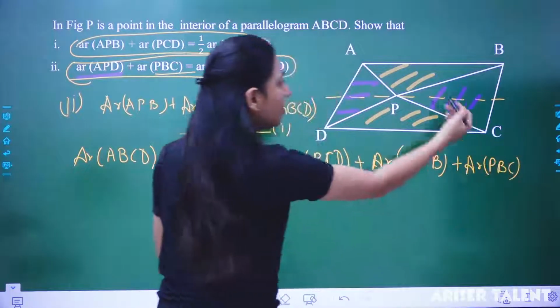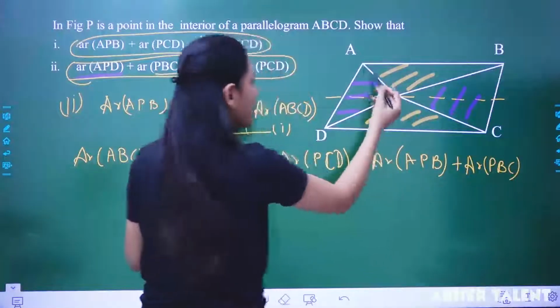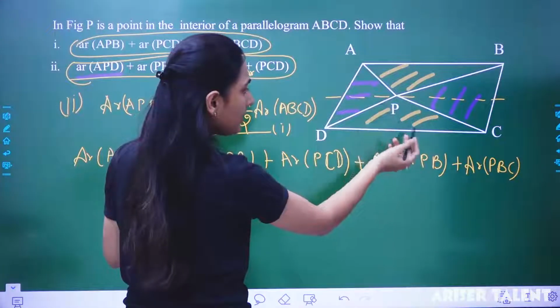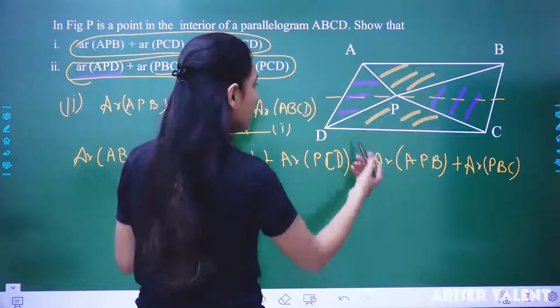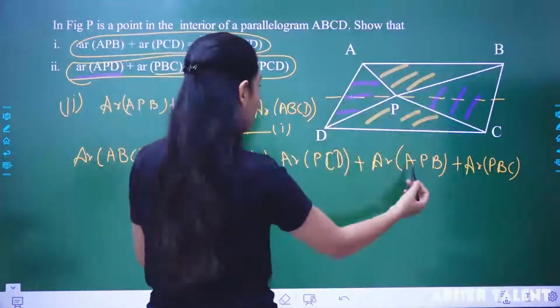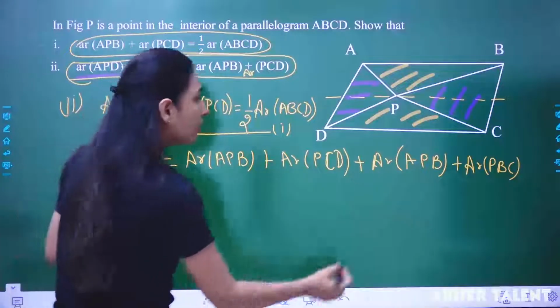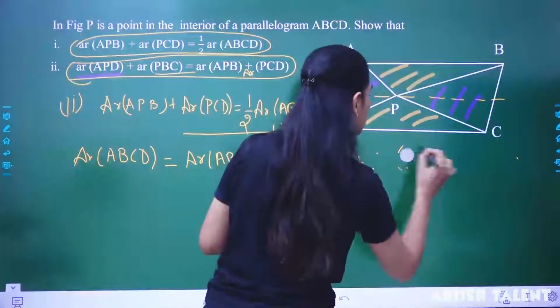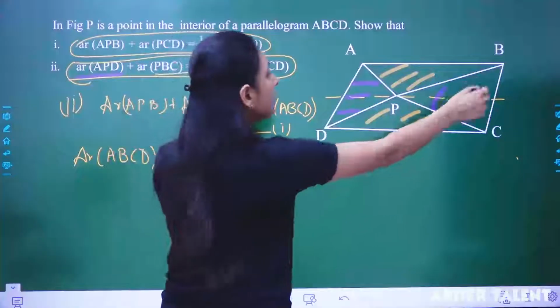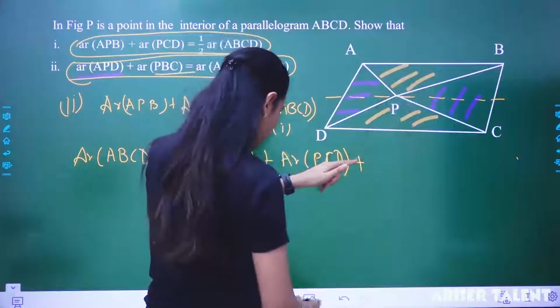So basically we have this area PBC, and area APB, which we have written twice. We have taken area APB, then area PCD, these two triangles.